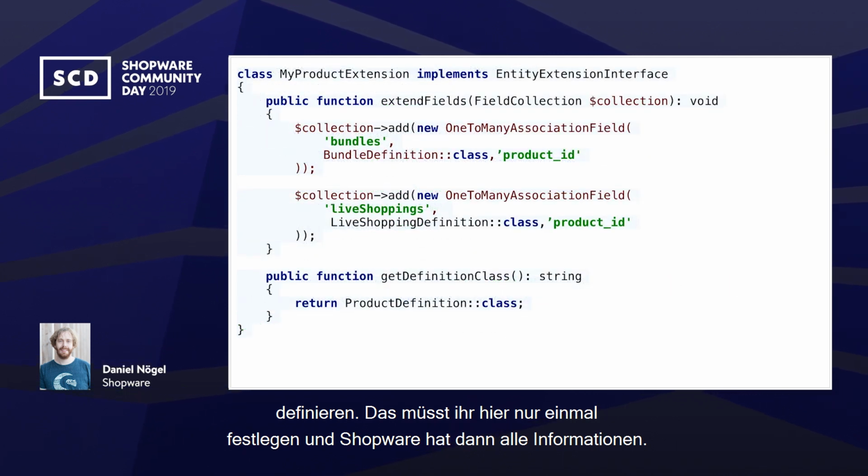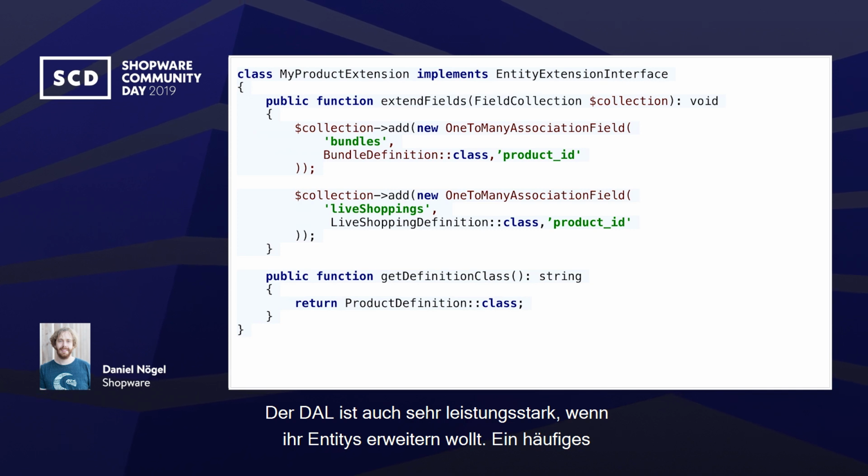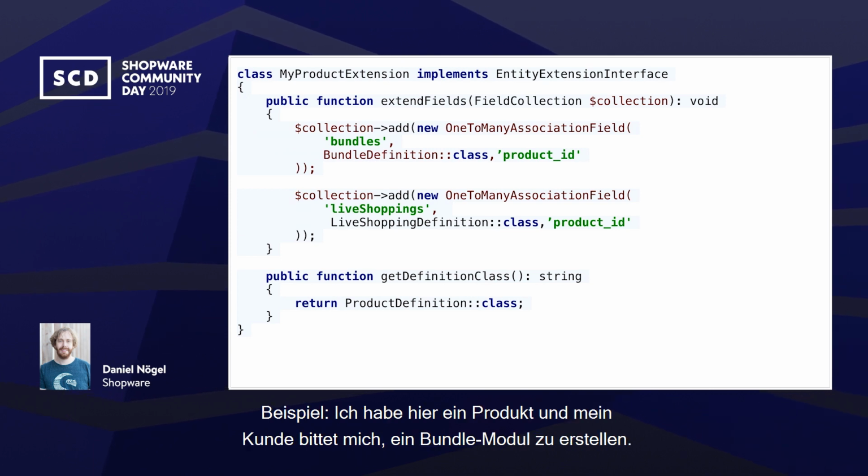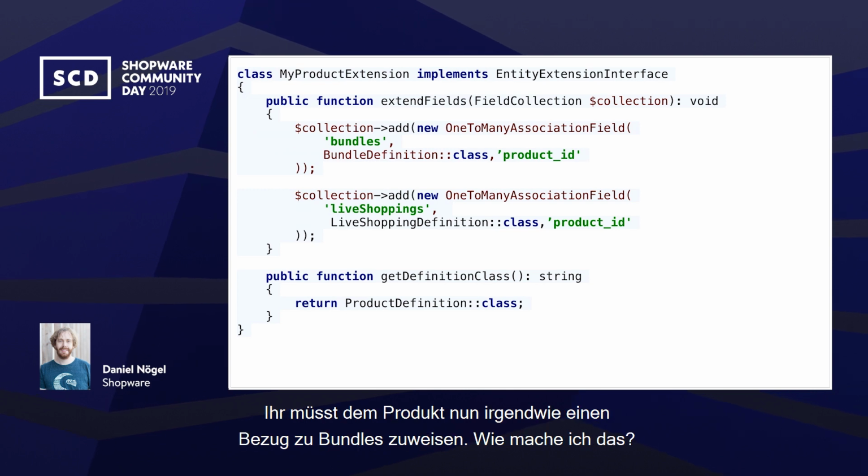The DAL is also very powerful when it comes to extending entities. So a very common case is, I have a product, and now my customer asks me to have a bundle module. Somehow you need to tell the product that it is related to bundles. How do you do that?